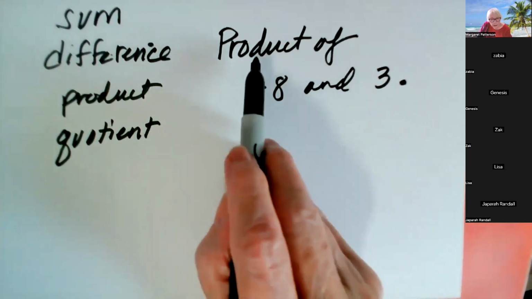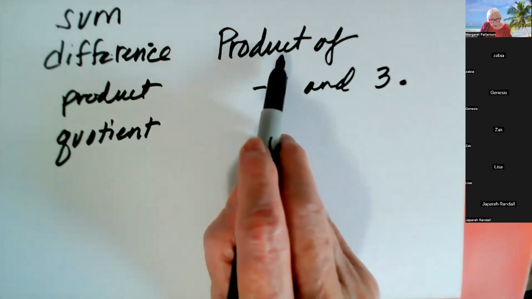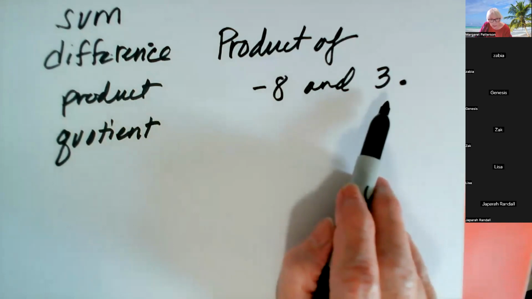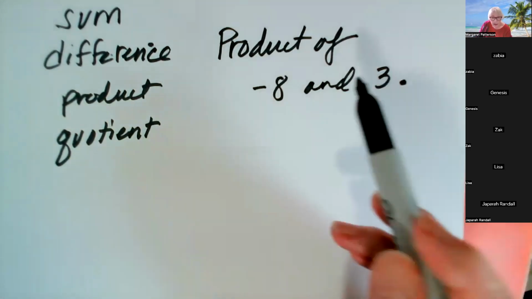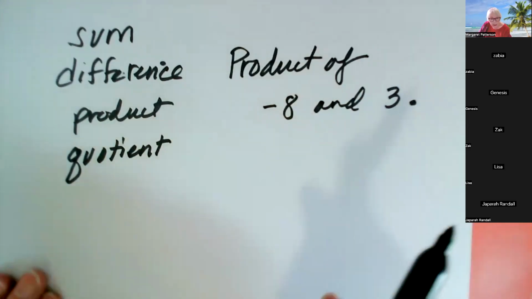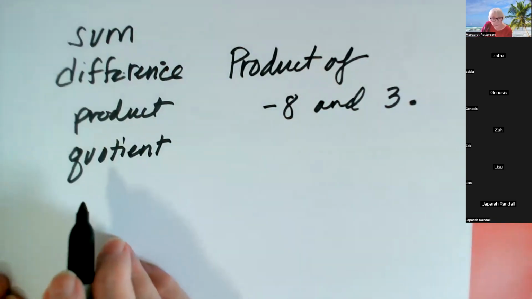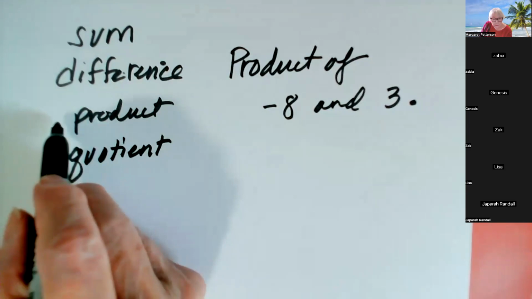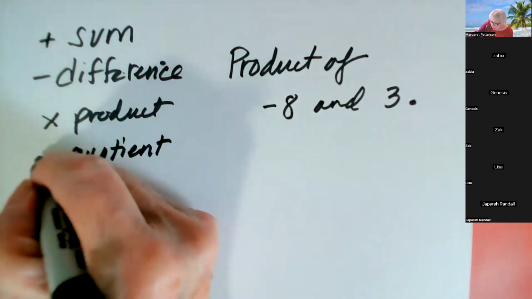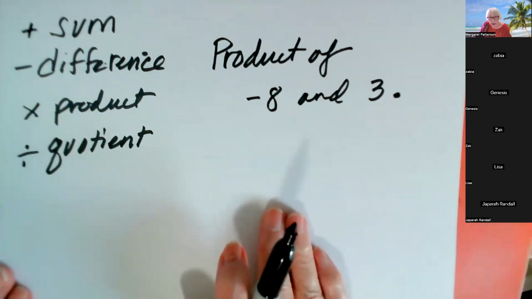And so unless you recognize this word as the instruction of what needs to happen with the numbers, it's not going to work because you don't know. Do you add, subtract, multiply, or divide? Anybody know? Multiply. This is multiply. So this is add, this is subtract, this is multiply, and this is divide.